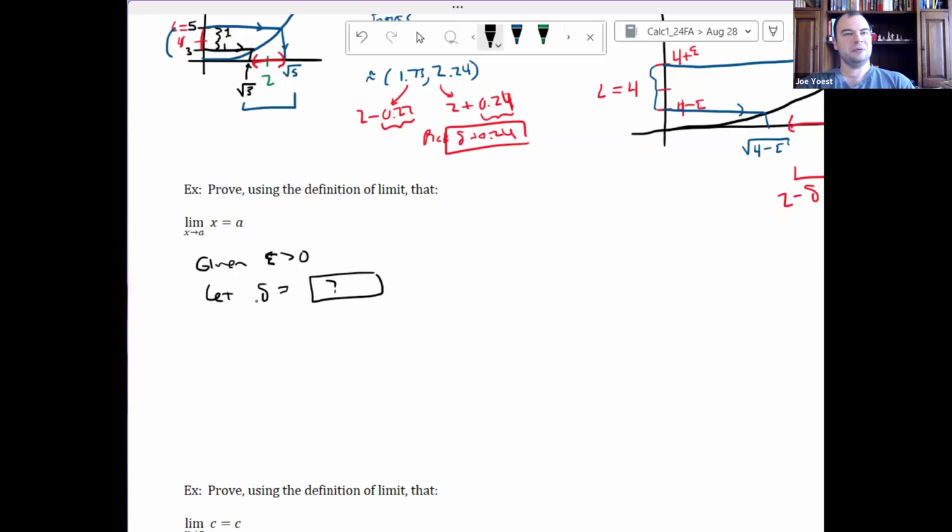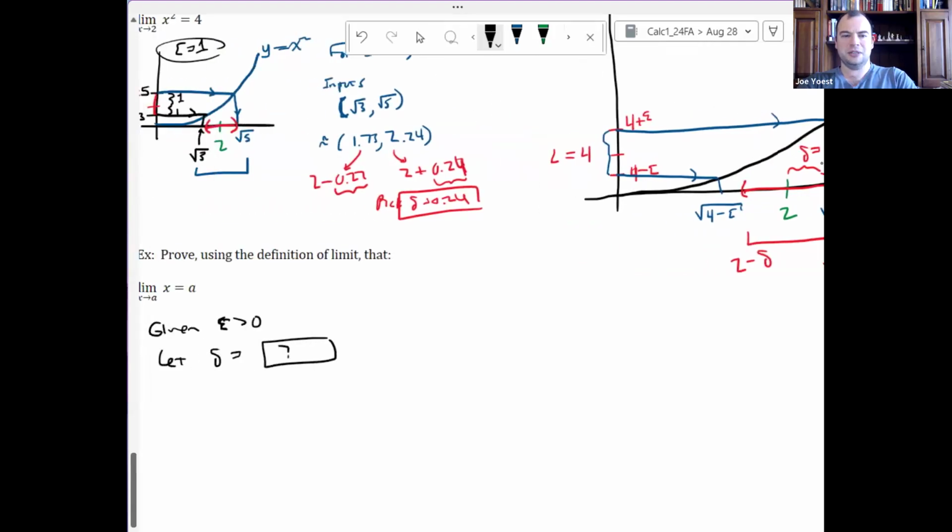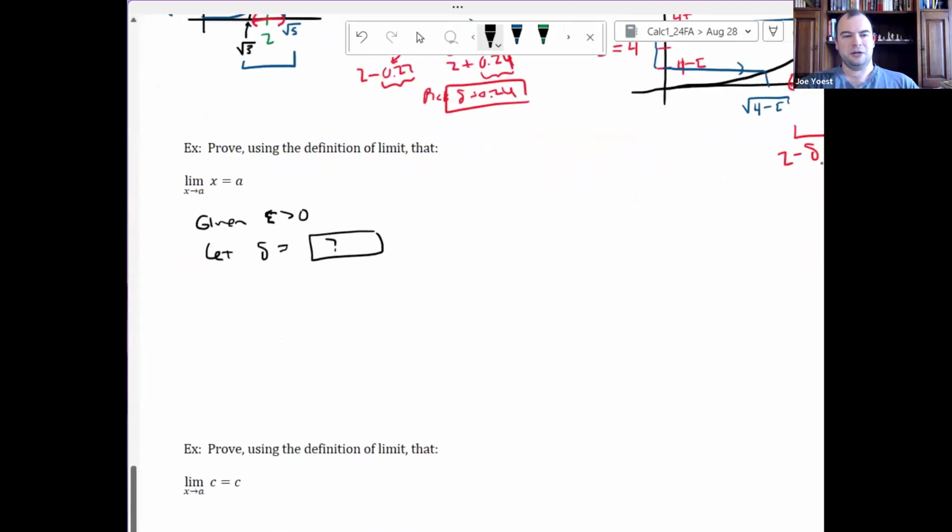We're not sure what yet. Up here, we found delta to be this thing that seemed to work. But the thing we choose for delta is going to depend on what function we're using, what value we're limiting to, and so on.